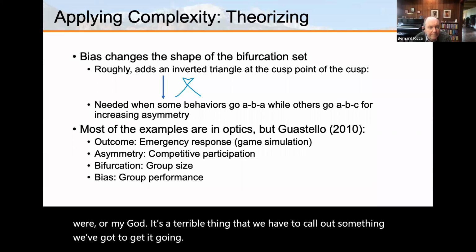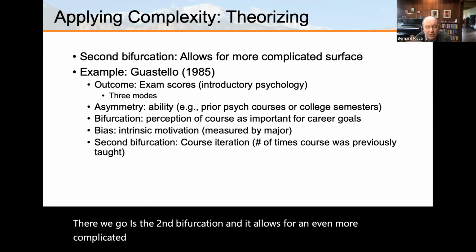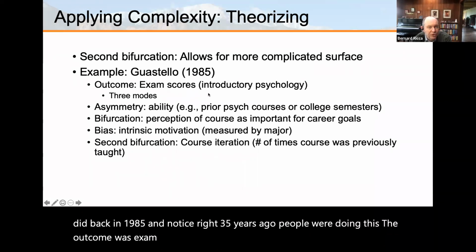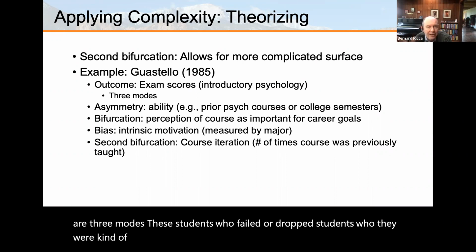The fourth one is the second bifurcation, and it allows for an even more complicated surface. One example was something that Guastello again did back in 1985. And notice, 35 years ago, people were doing this. The outcome was exam scores in an introductory psych class. Basically there were 3 modes: students who failed or dropped, students who were kind of mediocre, and then those outstanding students.